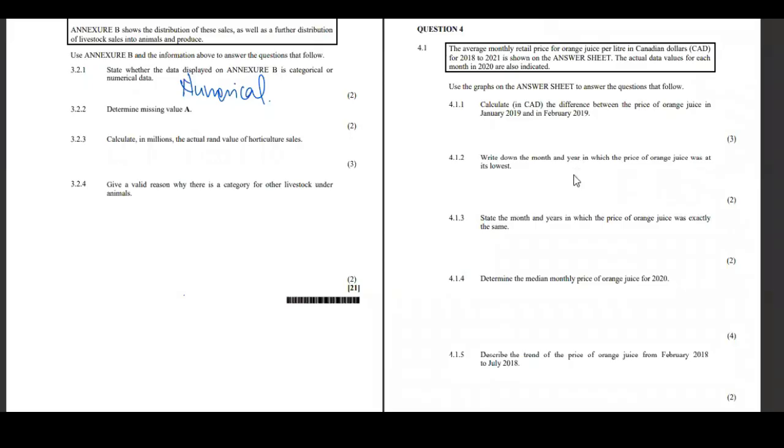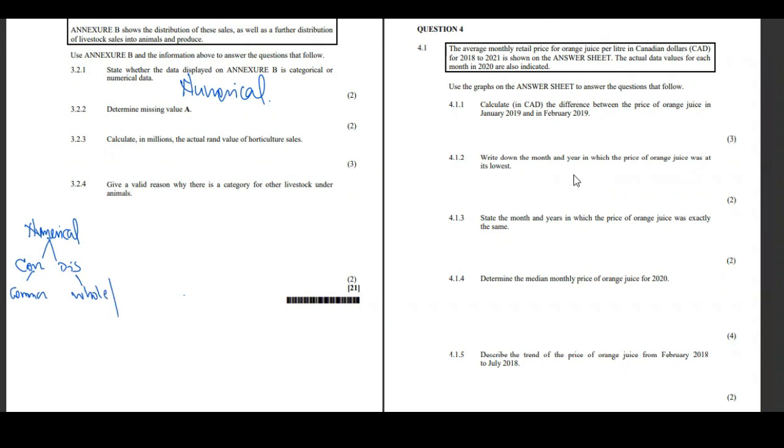Remember, when you look at numerical, I believe your teacher has already talked about this. Numerical is split into two: continuous and discrete. What you have to remember is that continuous should have decimals or commas, and discrete we are looking at whole numbers.